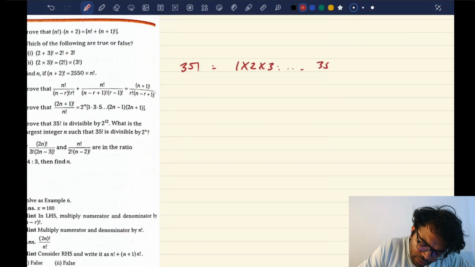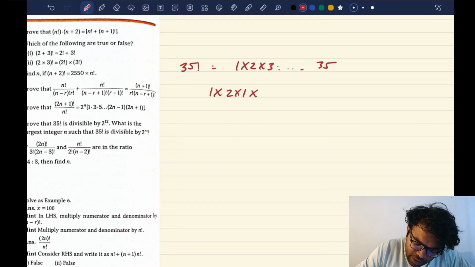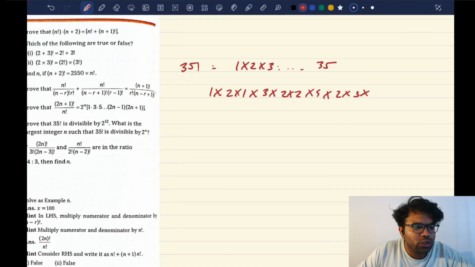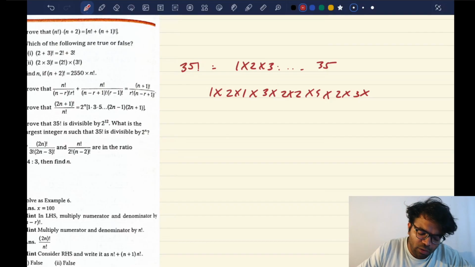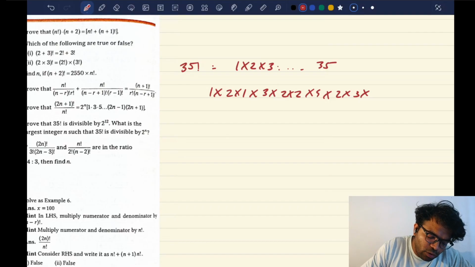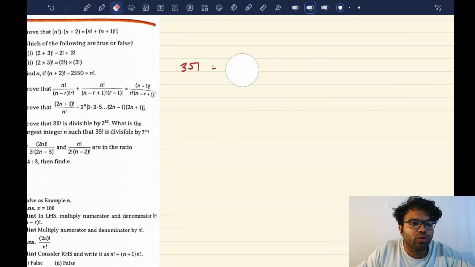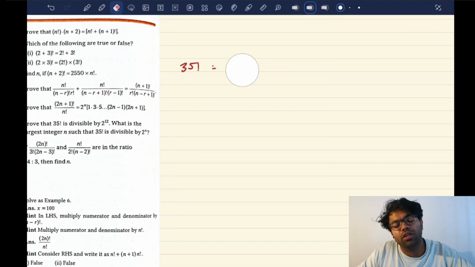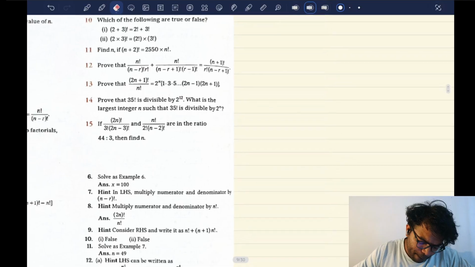So you will have basically 1 into 2 into 3 into 2 into 2 into 4 into 2 into 3 till 12 terms, and you take all the 2's out, and again you will still be able to divide it by 2 to the power of 12. Clear? So instead of 2 to the power something, just 2 into 6 are 12. So basically you will have 12 terms, and that would have been much easier.